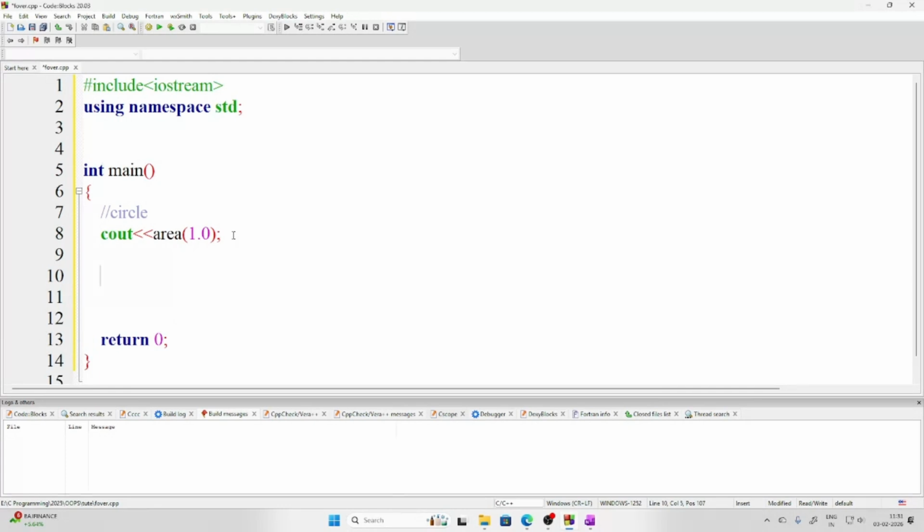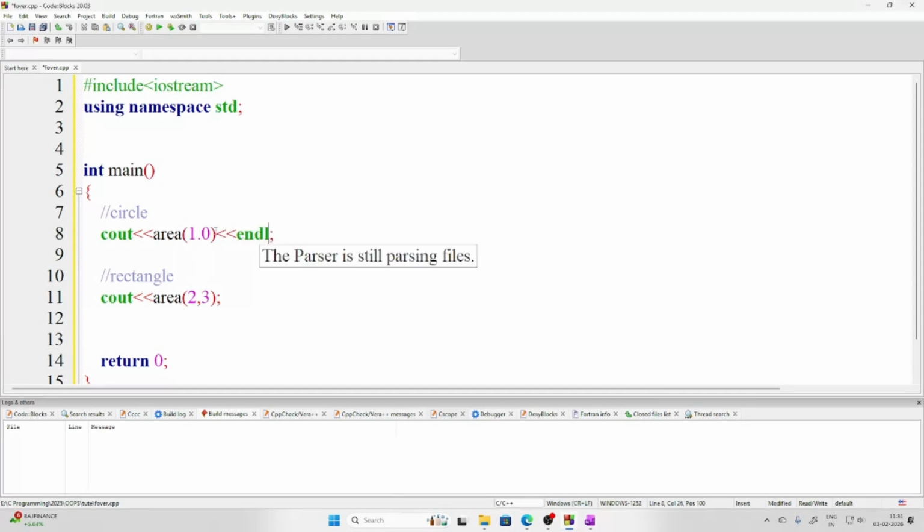Not only this, for a rectangle, if I write area and pass 2, 3, let's say, then it should give me the area of the rectangle.